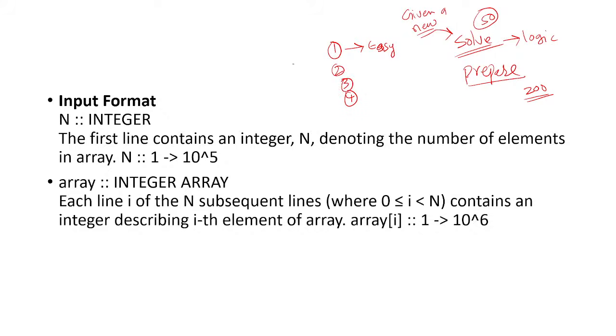My suggestion is first you read all 4 questions: the first, the second, the third, the fourth. Then from these 4 questions, you need to identify which one belongs to easy level, which one belongs to moderate level, and which one belongs to hard level.